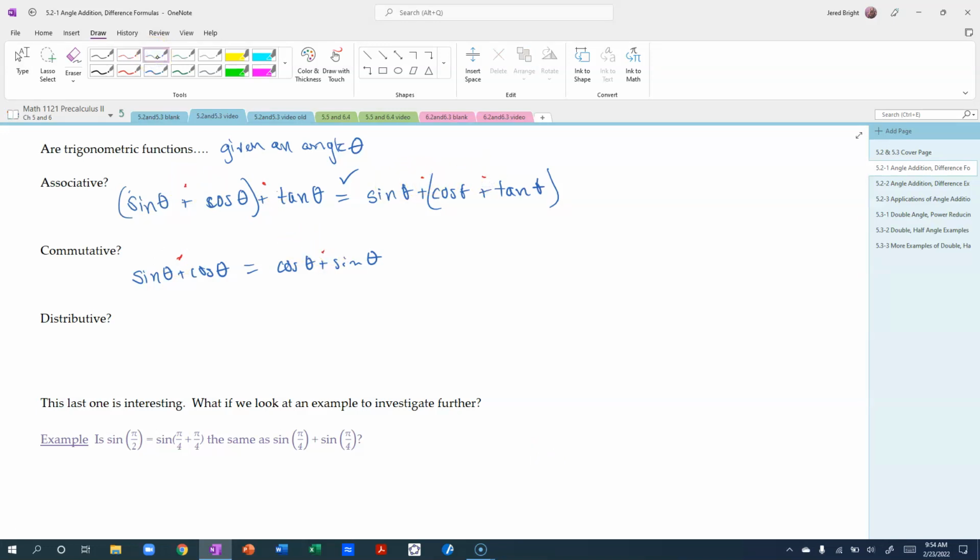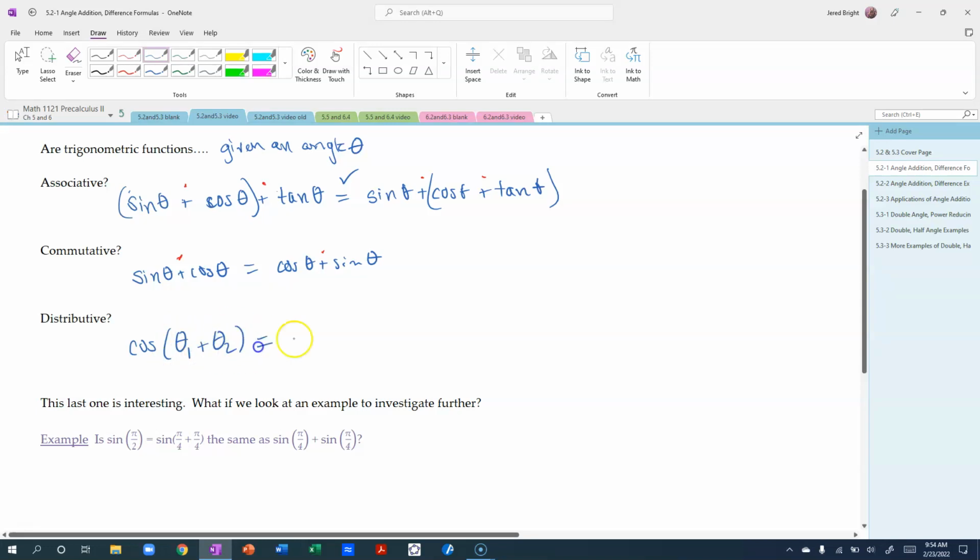Okay, distributive. So this would be the idea that if we have cosine of one angle plus another angle, is that the same as cosine of the first angle plus cosine of the second angle? And this one ends up being not true. Okay, this one fails.